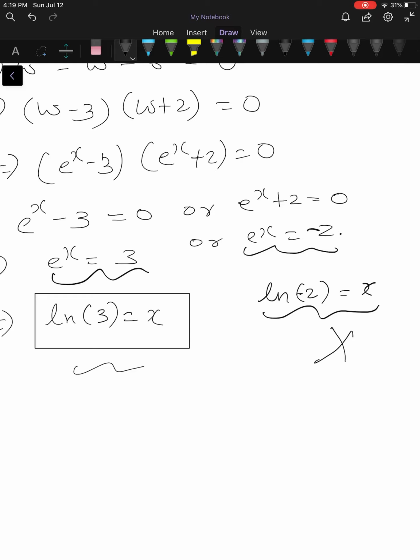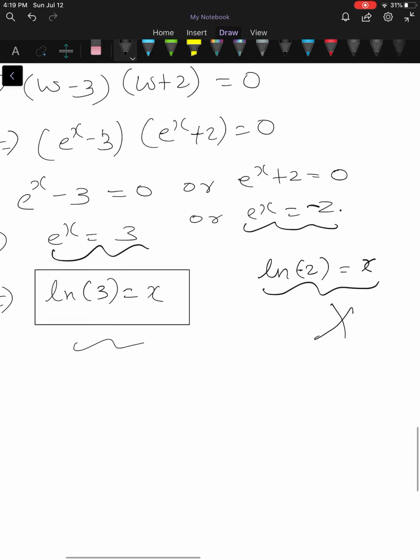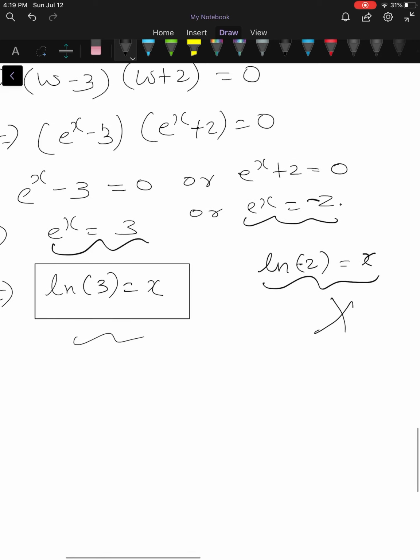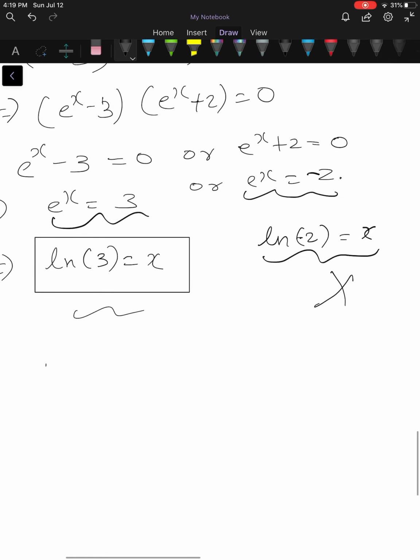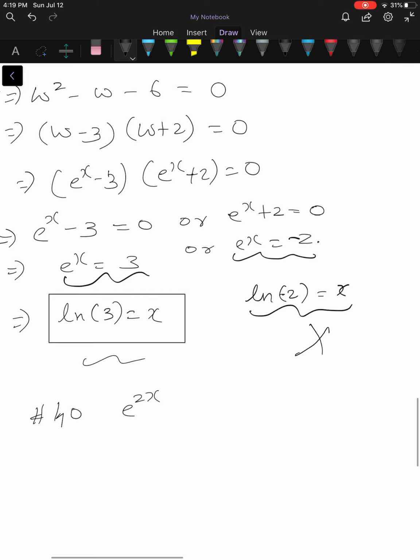Now we can try doing, say, problem number 40 in the book. We have this to be e to the power of 2x minus, oh, is it the same?